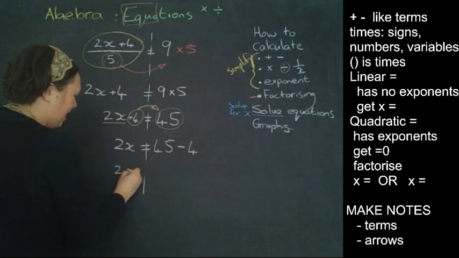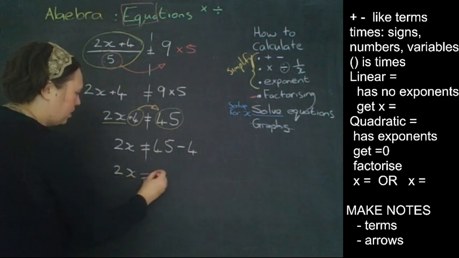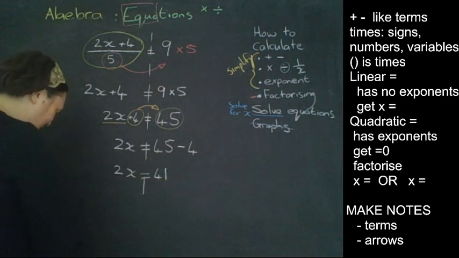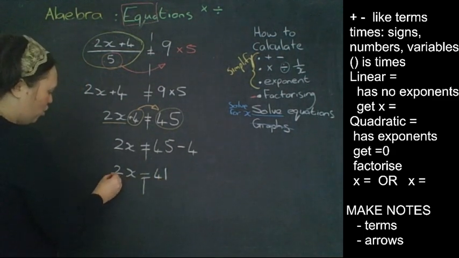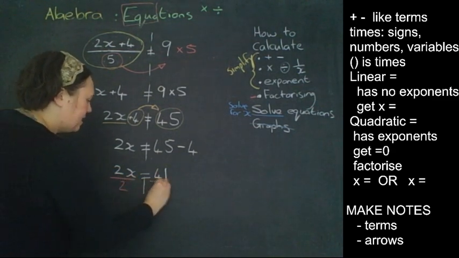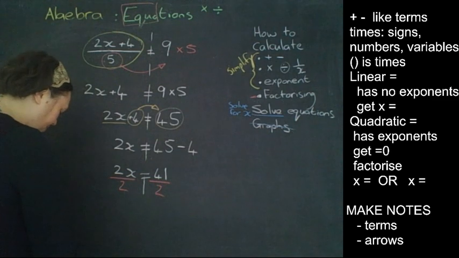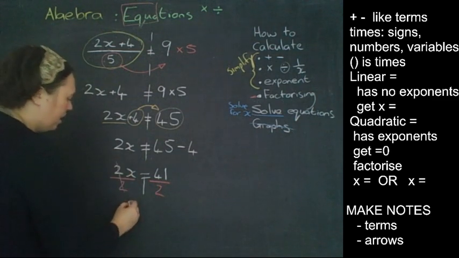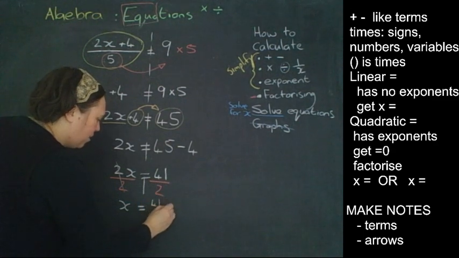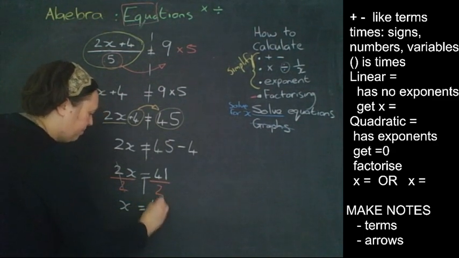So 2x equals 41. And now we take over this 2. I personally like writing it like this. So now our 2's are gone, and we've got x equals 41 over 2.